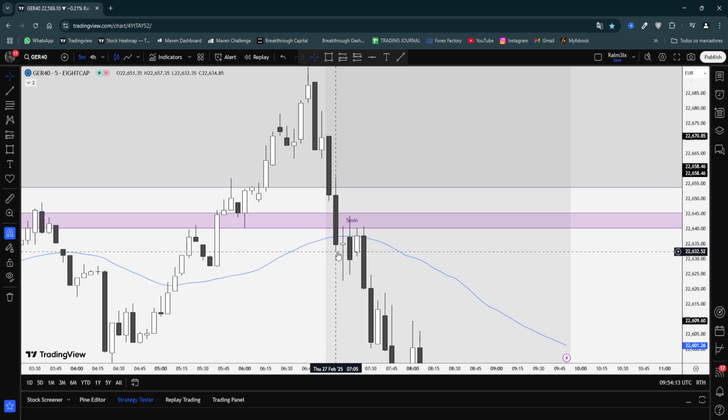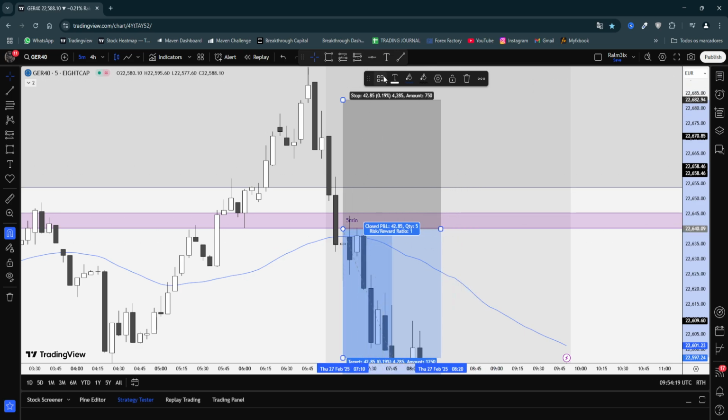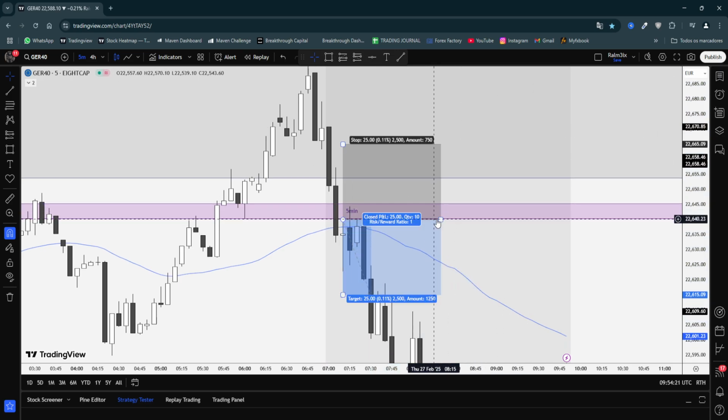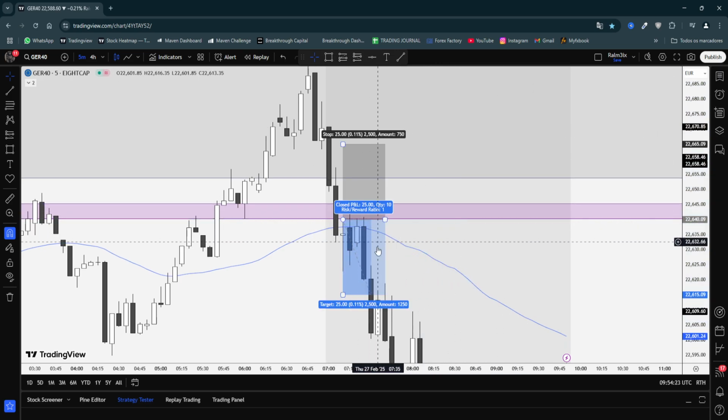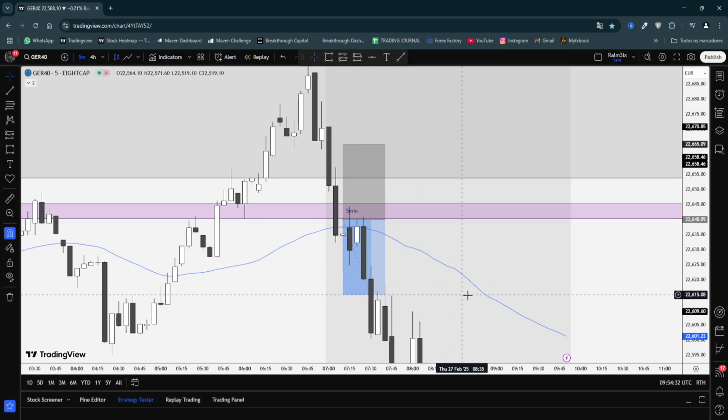As you can see, price broke, and this would be a valid entry here, 25 pips, and price hit the TP so fast. You can see price rejected the moving average and the zone with several candles. It's the same thing as Nasdaq, but in the London session.